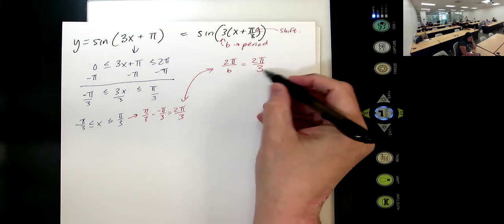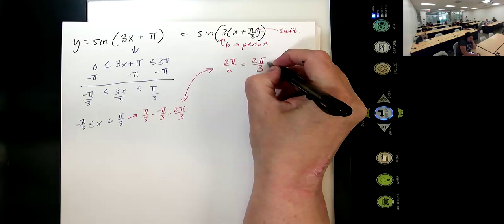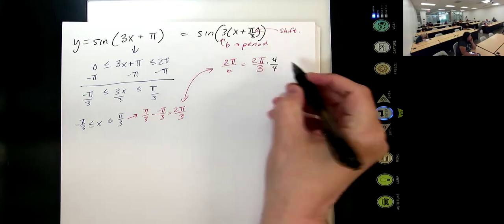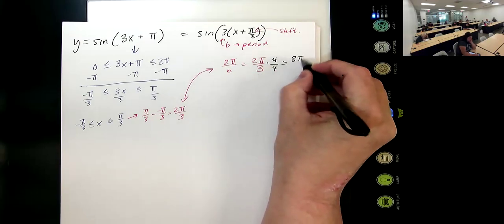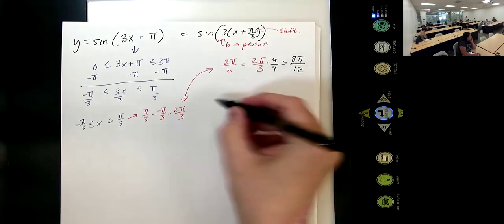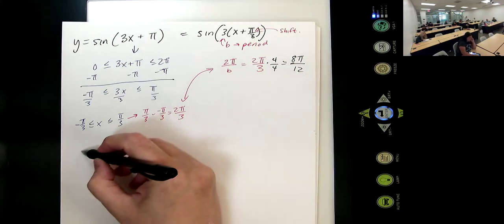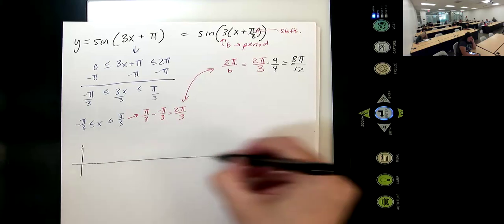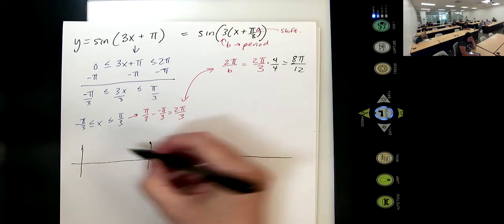This one, I would multiply this by 4 over 4. It'll get me 8 pi over 12.